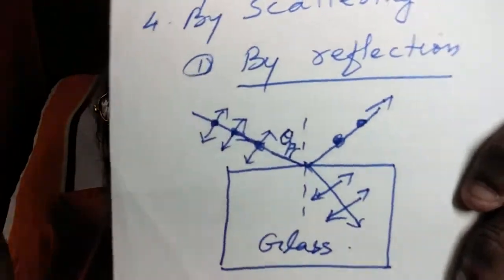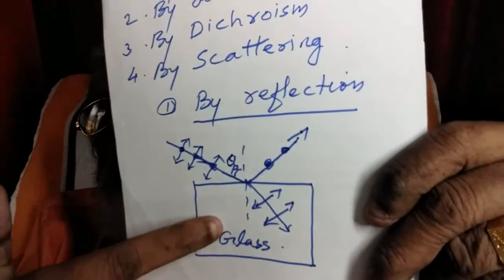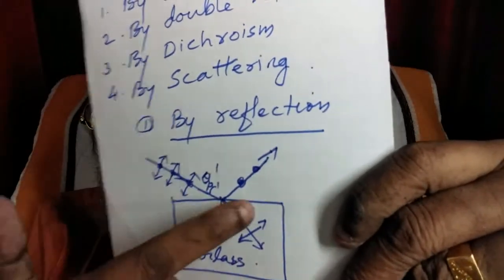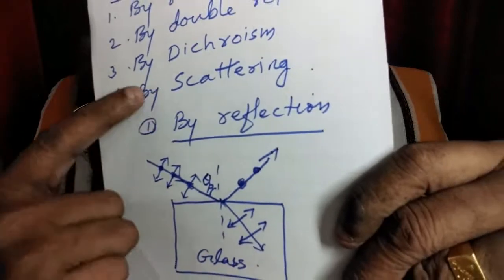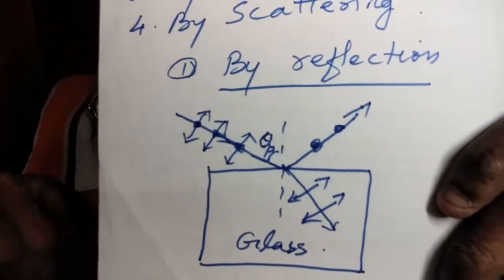So we will say that when light is incident on this transparent material at its polarizing angle, the reflected light is 100% plane polarized in the plane of incidence. That is the scientific statement.